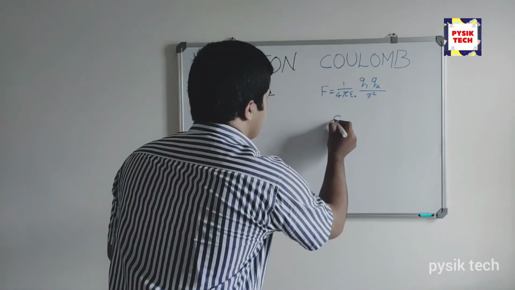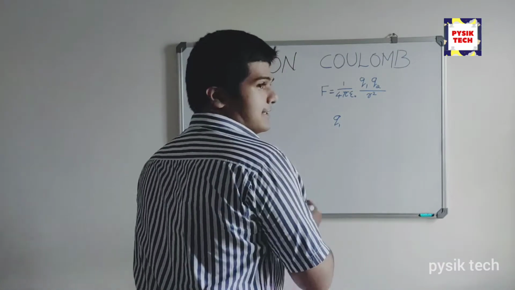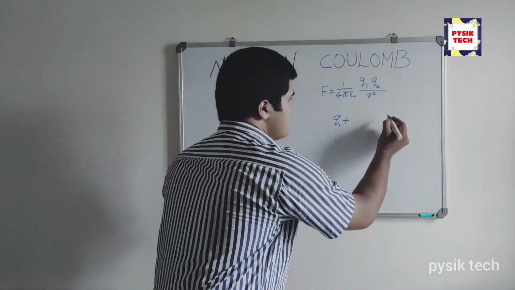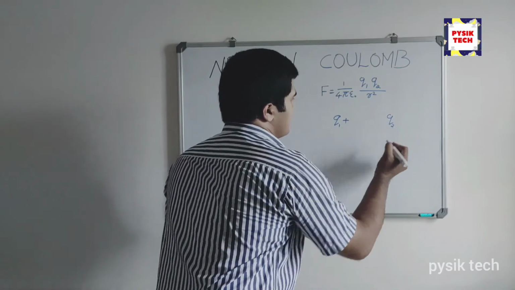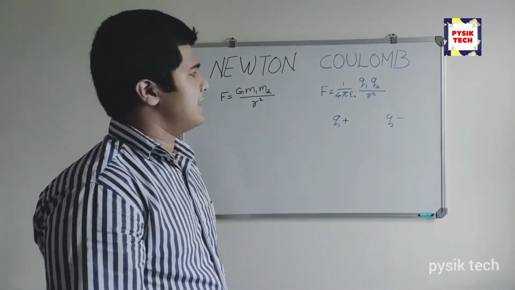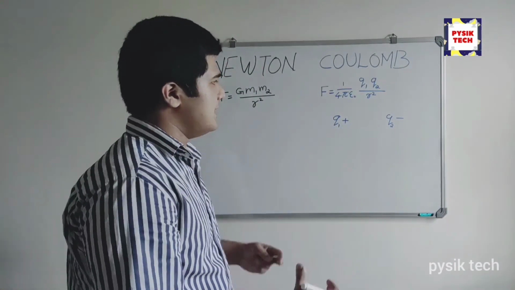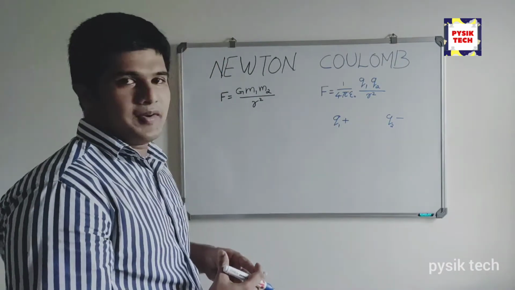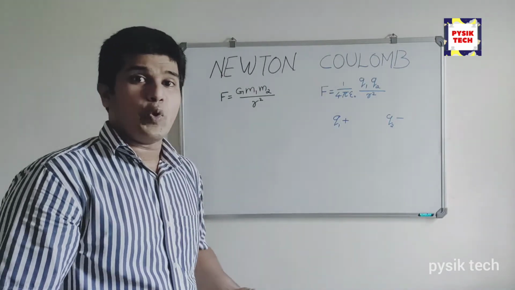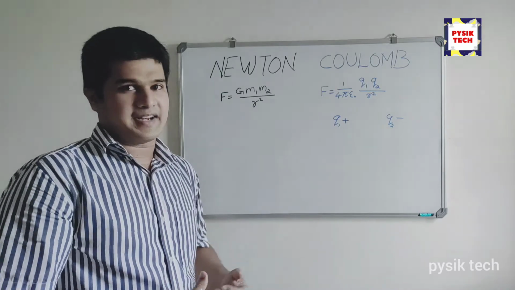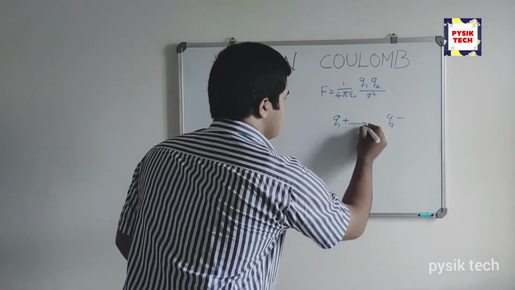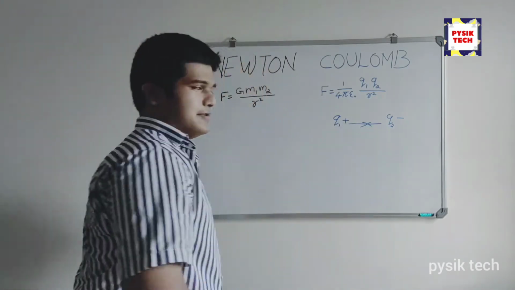If a charge Q1 is positive and another charge Q2 is negative, then what will happen? It will attract. Two opposite charges attract each other. Then it is an attractive force.